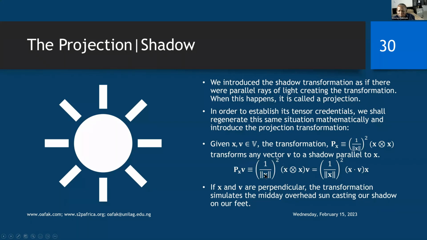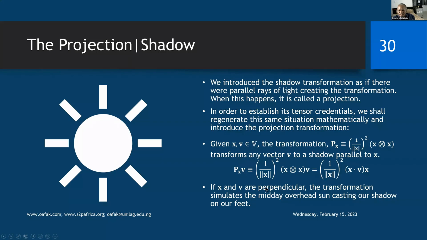1 over modulus of x squared is a scalar because the magnitude of a vector is a scalar. Squaring it is still a scalar. So you forget about that and just carry it along. But x circle times x, operating on v, is the same as x dotted scalarly with v in the direction of x. That is the definition of this dyad here.